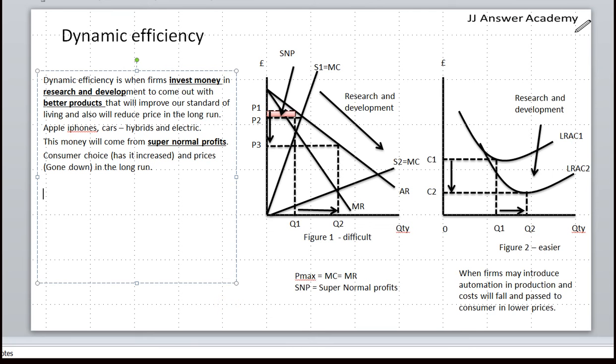This one makes more sense than that one. Whichever you can use in the exam, both are fine.